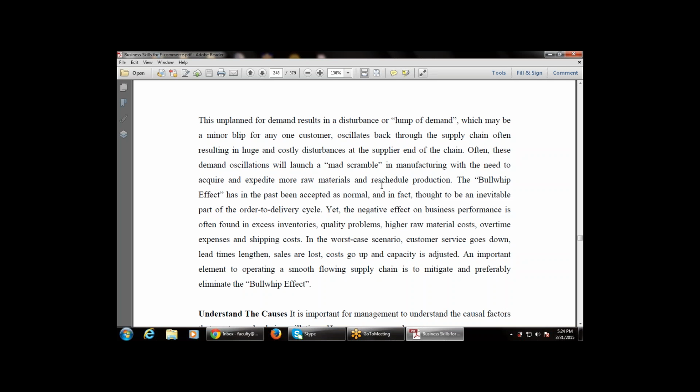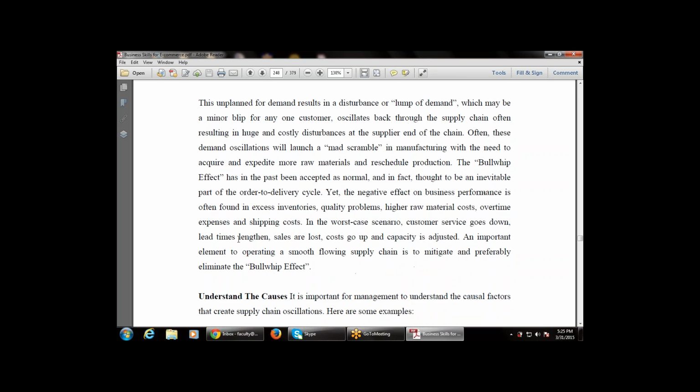An important element to operating a smooth flowing supply chain is to mitigate and preferably eliminate the bullwhip effect. So there is a measure that must be taken to lower and preferably eliminate the bullwhip effect.